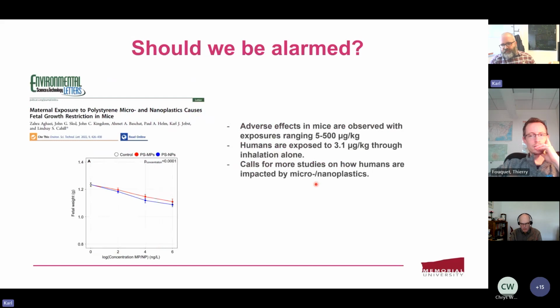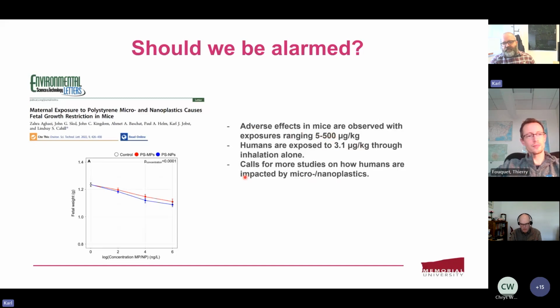That's obviously concerning, but we really need to know what our exposure level is, what the dose is, to determine whether plastics are actually toxic. From this, we estimate that humans are exposed to maybe about 3 micrograms per kilogram by inhalation alone. And the adverse effects start around 5, but really it's an order or 2 of magnitude away from seeing effects.